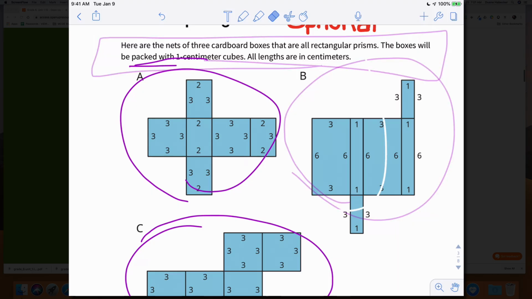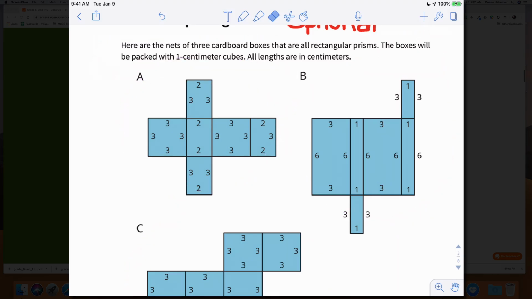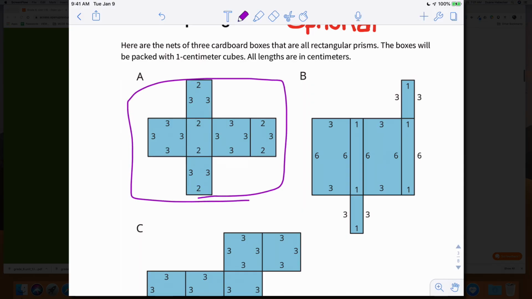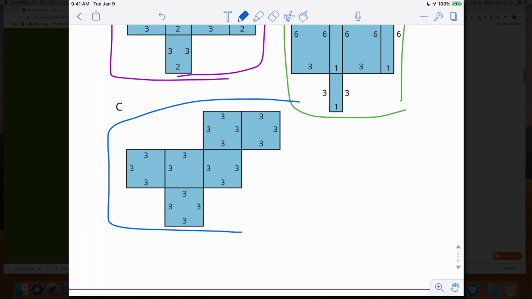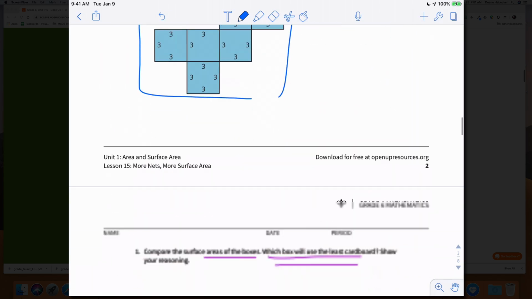So find the area of all 6 faces here, add them up. Find the area of all 6 faces here, add them up. And then find the area of all 6 faces right here and add them up and figure out which one has the least surface area.